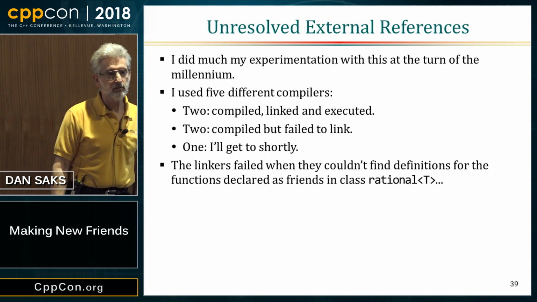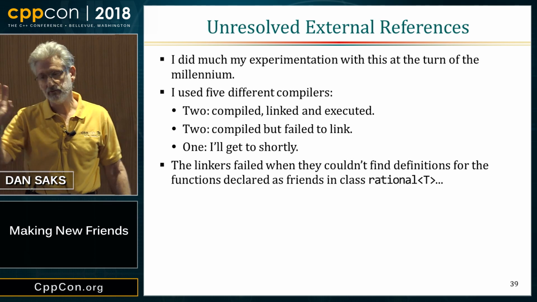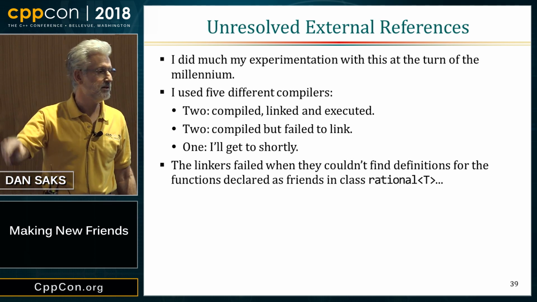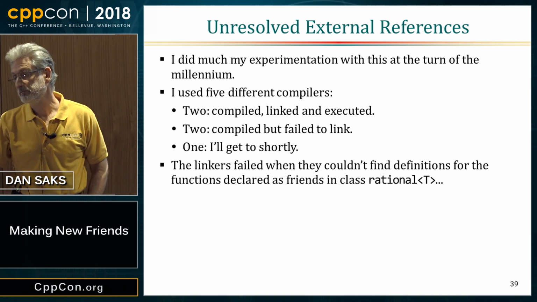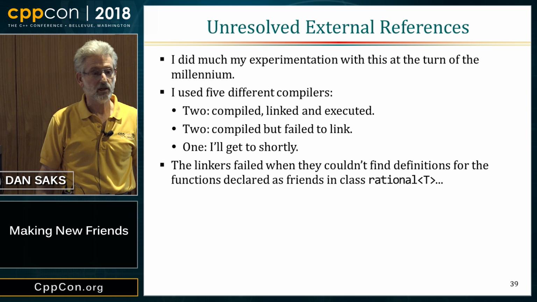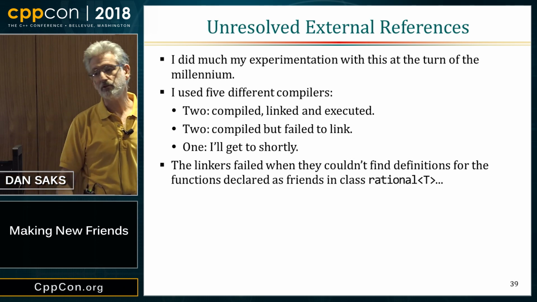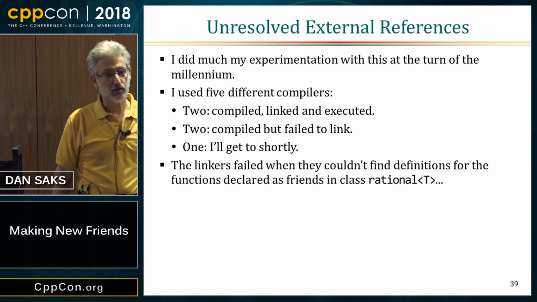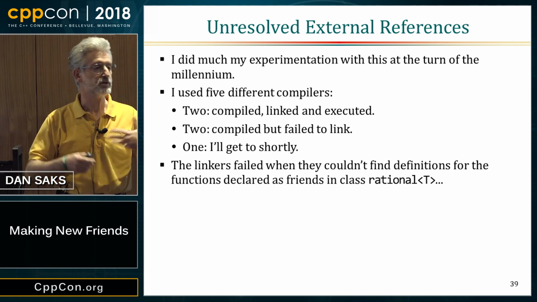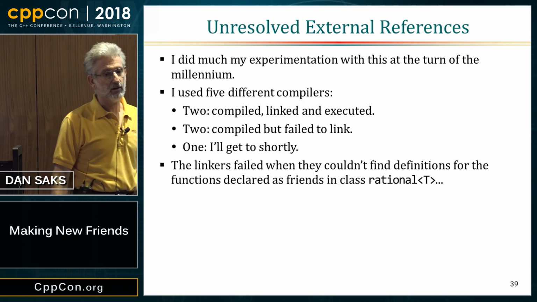So anyway, by the way, I did all this work like 15, 18 years ago. A lot of this was inspired by the fact that I do training for a living, and I use this rational number class in some of my training materials to illustrate a lot of the principles I was just talking about, how these conversions work and how converting constructors play a role in all this.